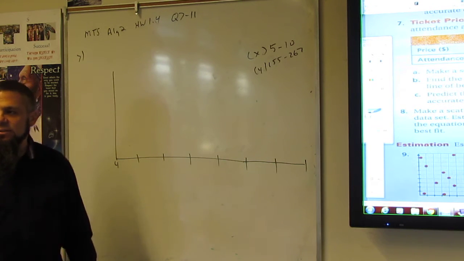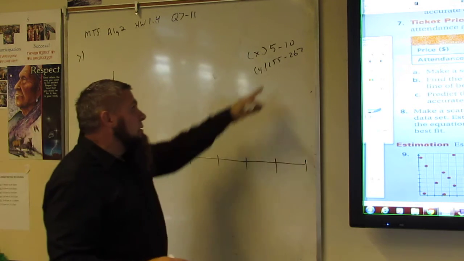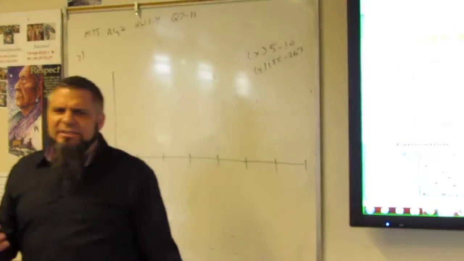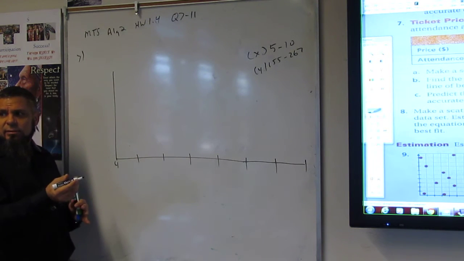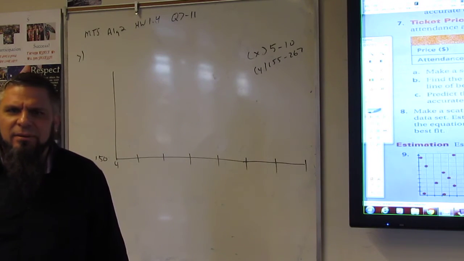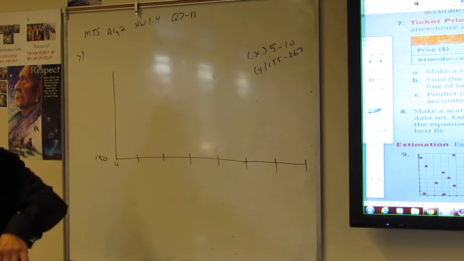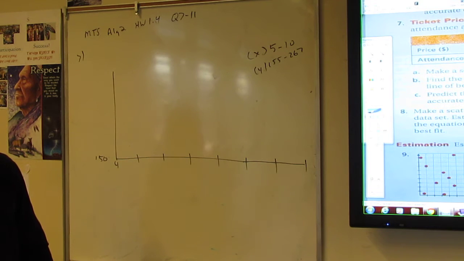And now the y's, I need to make a y value here that's going to fit 155 to 267. So probably somewhere around 150 starting here, yeah? But then do I want to go up by ones? No, that's not going to work. Do I want to go up by 2s? By 50s? If I go up by 50s, that'll take me 150, 200, 250. It's only 3 lines, we probably need a little bit more than that.